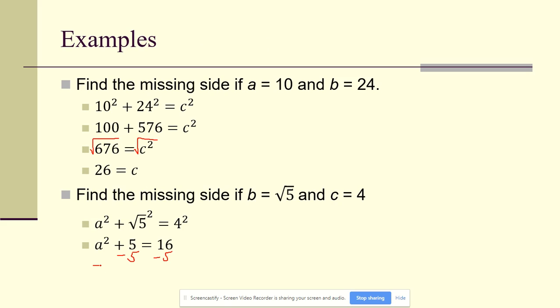And that gives me A squared equal to 11. And then I'll square root both sides. And since the square root of 11 is not very pretty, we can just leave it as such. So A is equal to the square root of 11.